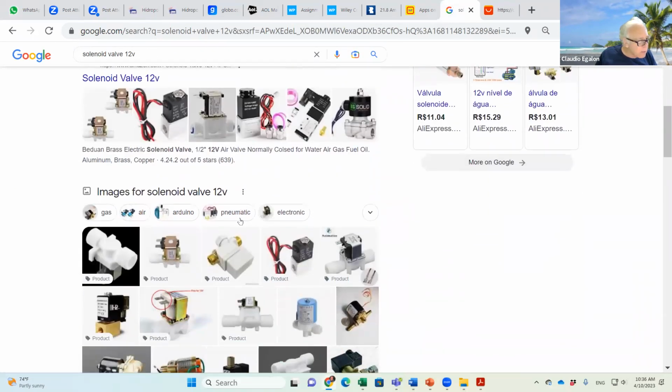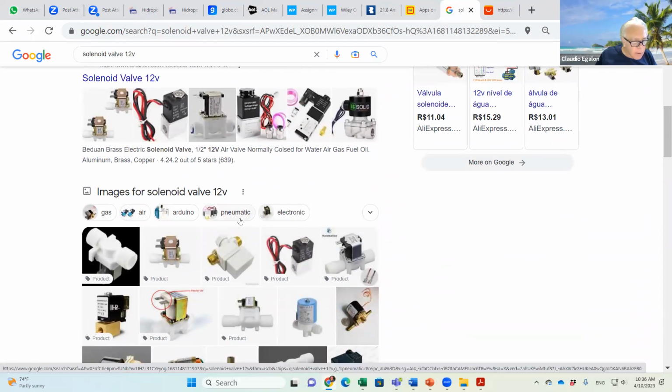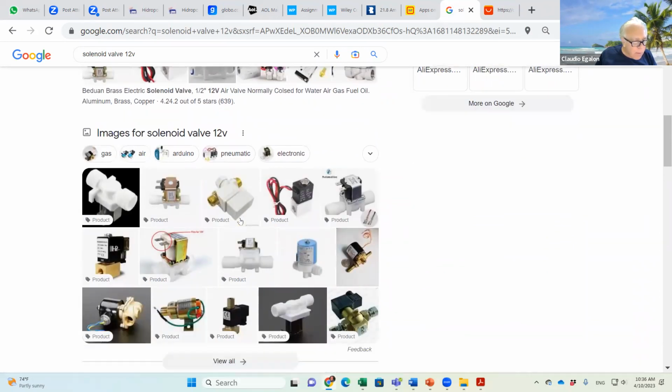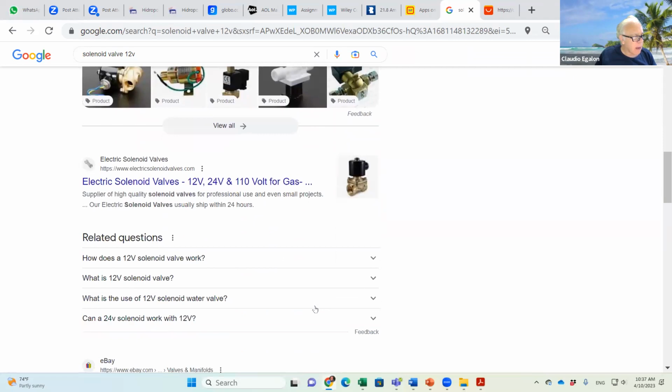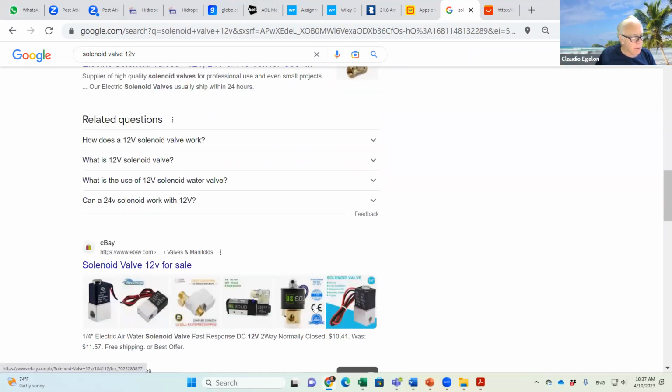I want something more familiar to me. Let's see if I can find it. Well, what's happening here is that this device, the solenoid valve, manages to interrupt the passage of the water, right? Just by applying a magnetic field. It's built in such a way that allows you to do that. You pass a current, it closes. You turn off the current, it opens. Okay.